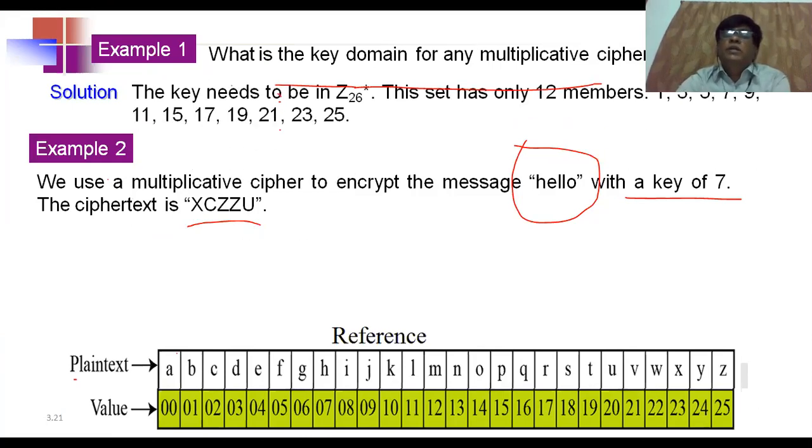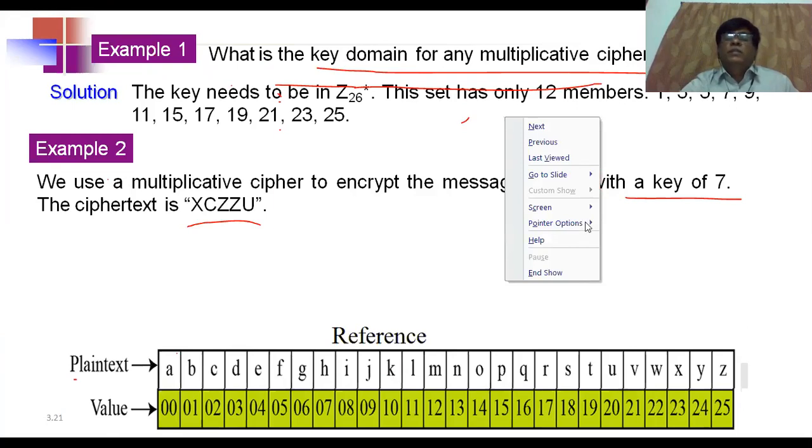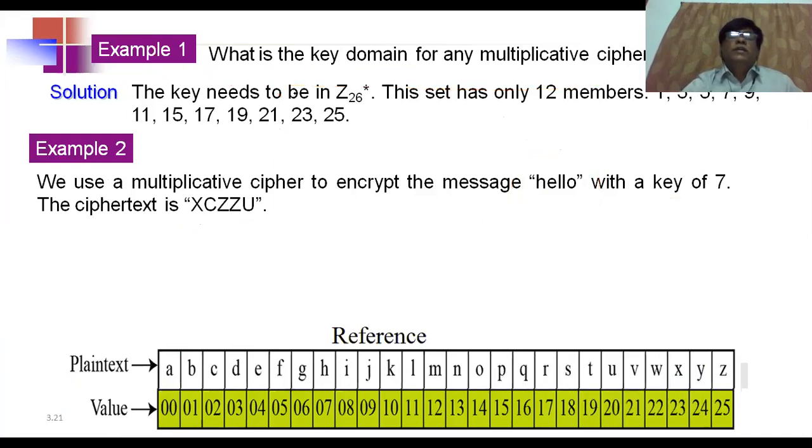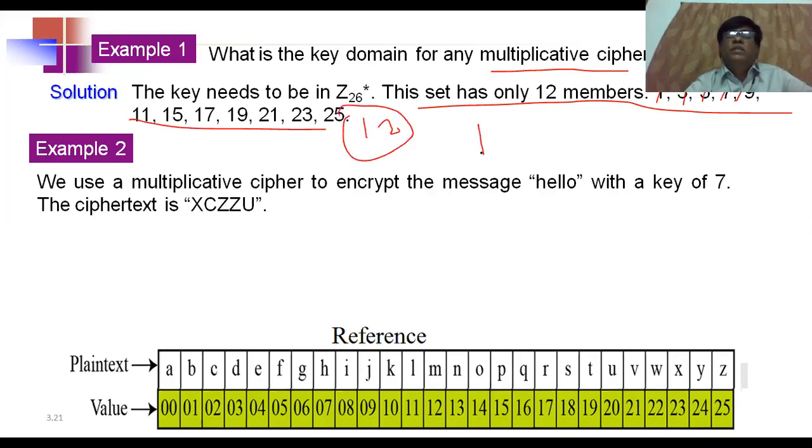Before that, see this. The key domain, that means the key values in Z26 in multiplicative ciphers, there are only 12 integers. The k value should be 1, 3, 5, 7, 9, 11, like that. There are only 12.